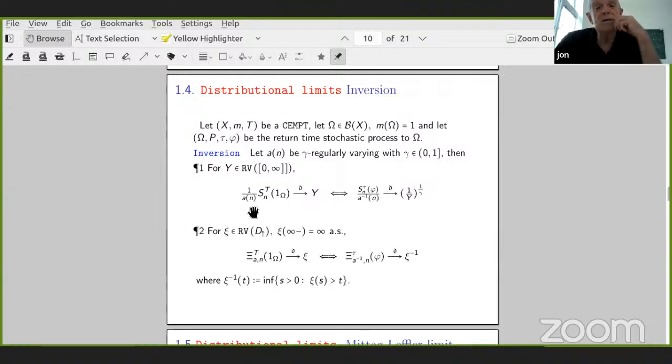If I'm looking at a process limit, so I have C, a random distribution function, then I just take the inverse of the process. So C inverse of t is the infimum of s bigger than 0 such that C(s) is bigger than t, and this I will get. In fact, it uses Lamperti's theorem.